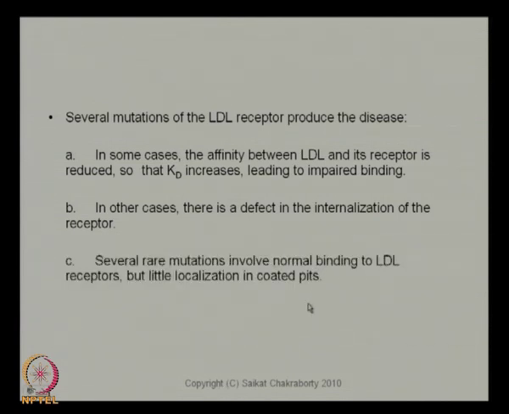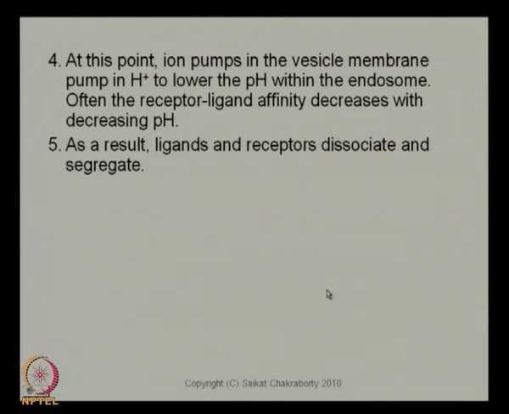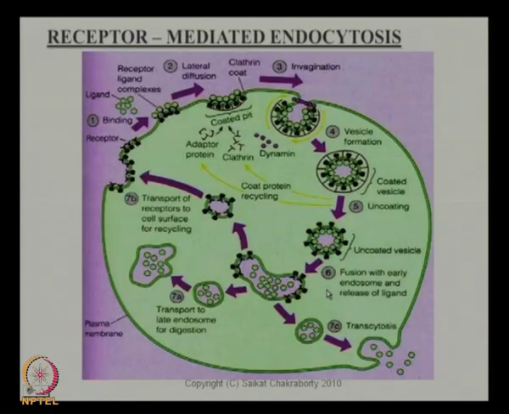The third possibility is that internalization is not a problem, and binding is not a problem either, but several rare mutations involve normal binding to LDL receptors but little localization in coated pits. Okay. You see what I am saying. So, let us go back to the picture. Sorry, though this is the class 1 receptor, I will still try to explain with this picture.